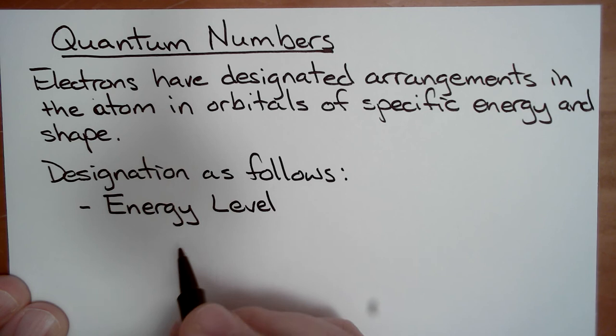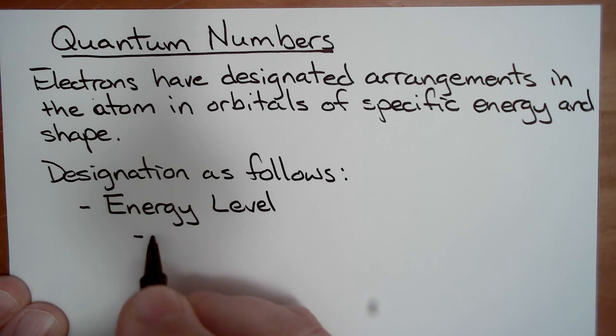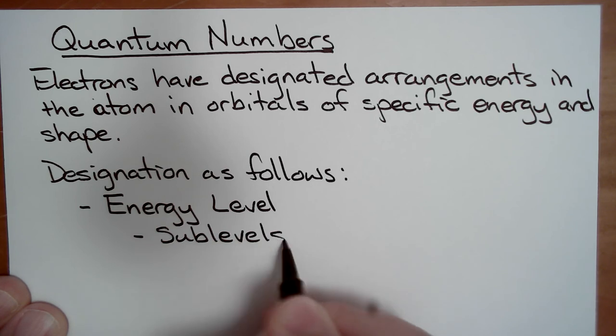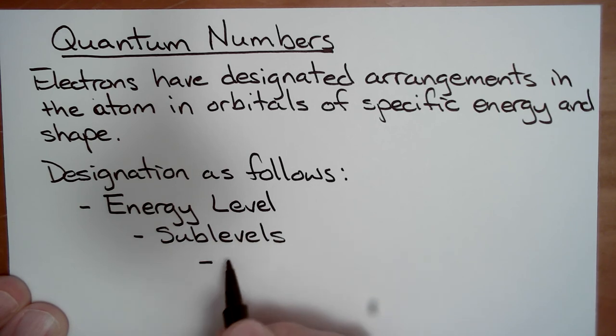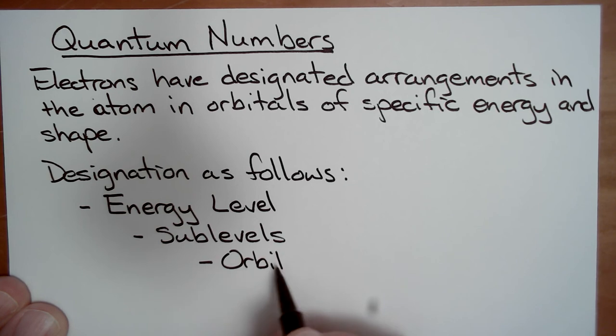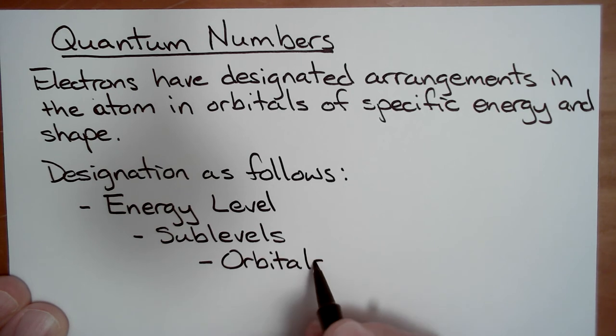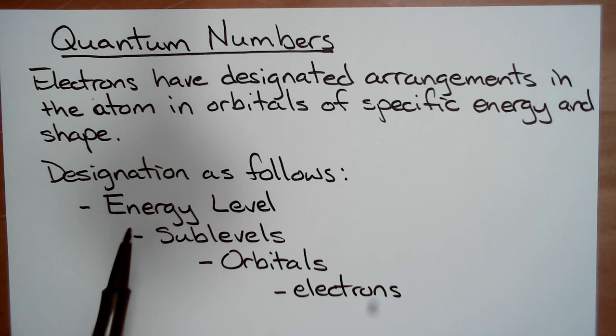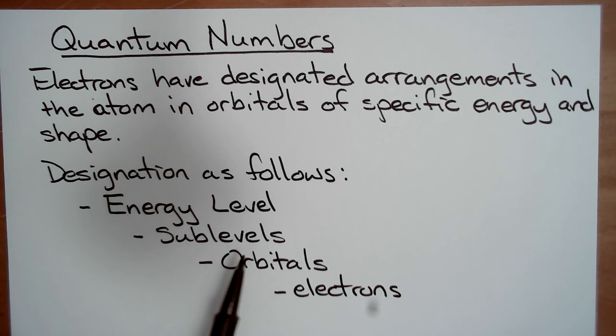Within that energy level, you will have sublevels, within those sublevels you will have orbitals, which are three-dimensional spaces, and within those orbitals you may have the electrons. So we have to place each of the electrons in an energy level, within a sublevel, an orbital within that sublevel, and you can only have 2 electrons per orbital.